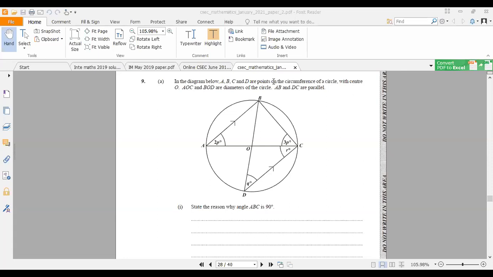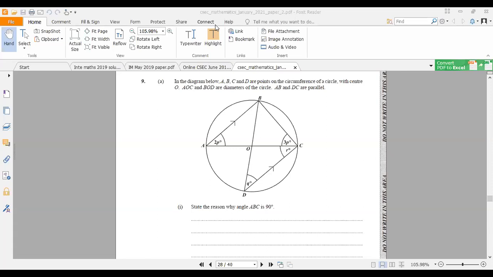State the reason why angle ABC is 90 degrees. How will you know that ABC is 90 degrees? You know it is 90 degrees because the angle at the semicircle equals 90 degrees and it's a diameter.